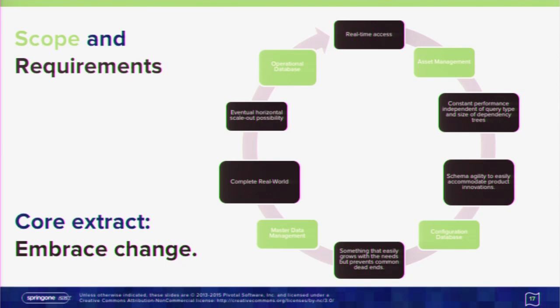We said that we might eventually want to have a horizontal scale out, but the data volume wasn't a problem. At least we thought that, and it turned out to be true. But we still had it as a requirement.